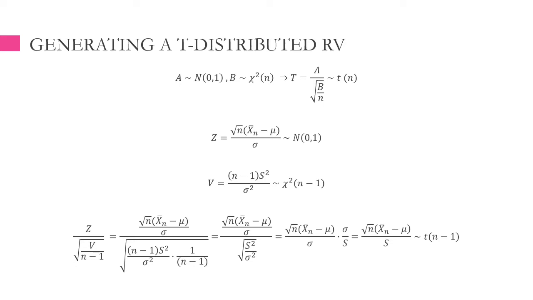And if you think about what n being infinity means, it means our sample size is infinite, which means we've essentially sampled everyone in the population, which means we no longer have a sample variance, we just have the population variance. So that makes sense: as n gets bigger, S gets closer to sigma, and so this t distribution with n minus 1 degrees of freedom will look closer and closer to a z-score of a standard normal. Okay, so that's the distribution. Now we want to ask, why is this useful? Why do we need this?